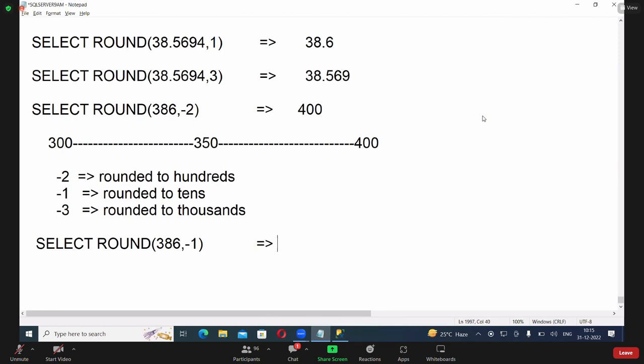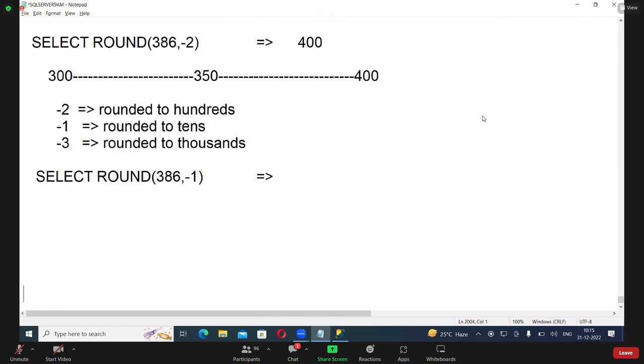Now suppose I say minus 1. Minus 1 means tens. This number is between what range? Consider the tens part because you said minus 1.